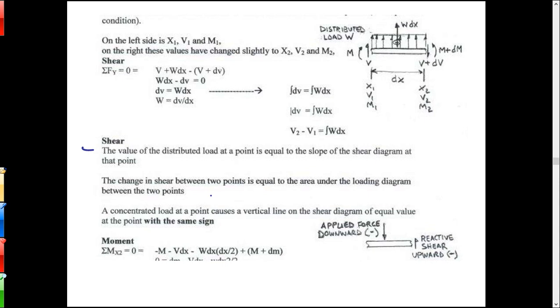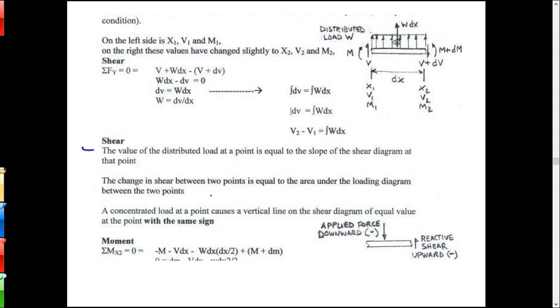So for shear, the value of the distributed load at a point equals the slope of the shear diagram at that point. Now what we're doing as we walk our way down is a graphical integration process.